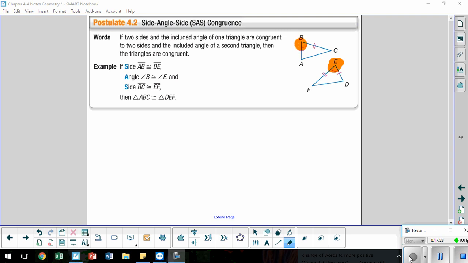The angle has to be in between two sides. So you have to make sure that you have two sides good. So we've got this one right here, and that one right there, and then we have this one over here, and that one.